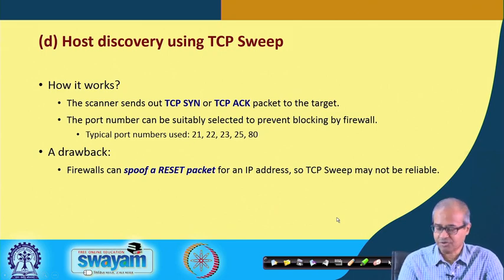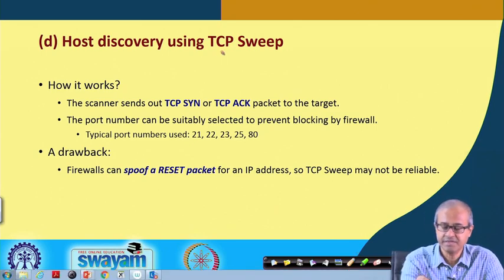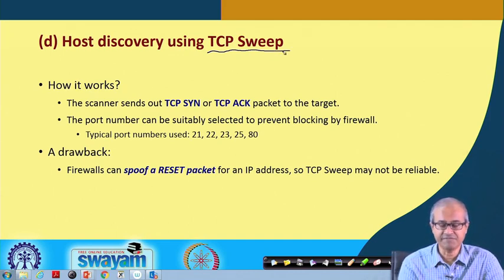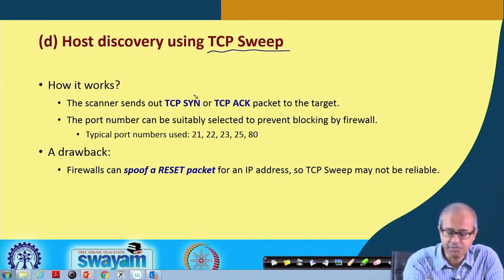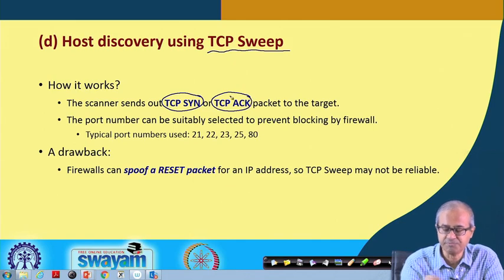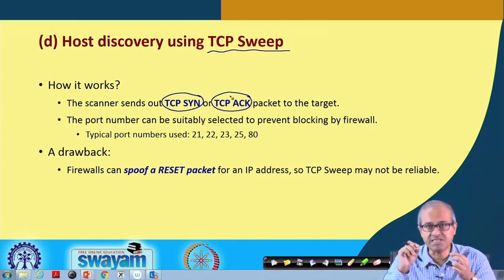So, there are other methods also. There is a method that uses TCP sweep. The idea is very simple. The scanner, that means the person who is trying to discover, will send out a TCP SYN or TCP ACK packet. That means a TCP packet with the SYN flag set to 1 or the ACK flag set to 1. If such a packet is sent to a server, it may mean that someone is trying to establish a connection.